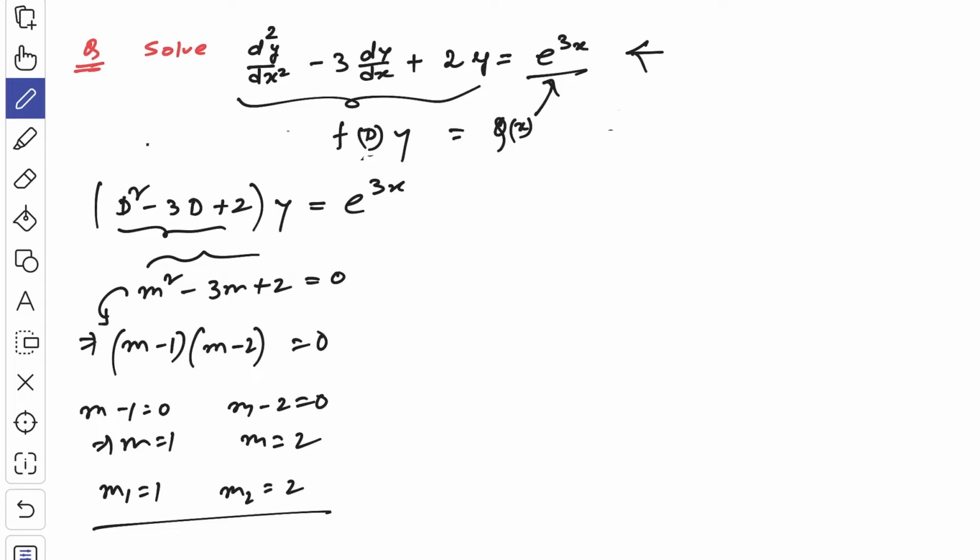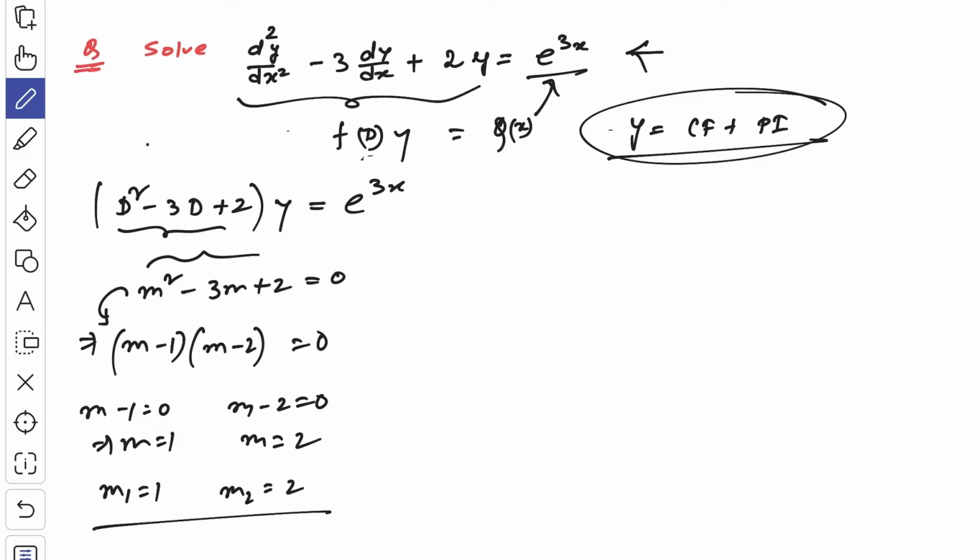So in case of distinct and real roots, we know that to find a solution we need y is equal to CF plus PI. We need both CF and PI. For CF, we have already discussed how to find it in the previous lecture.